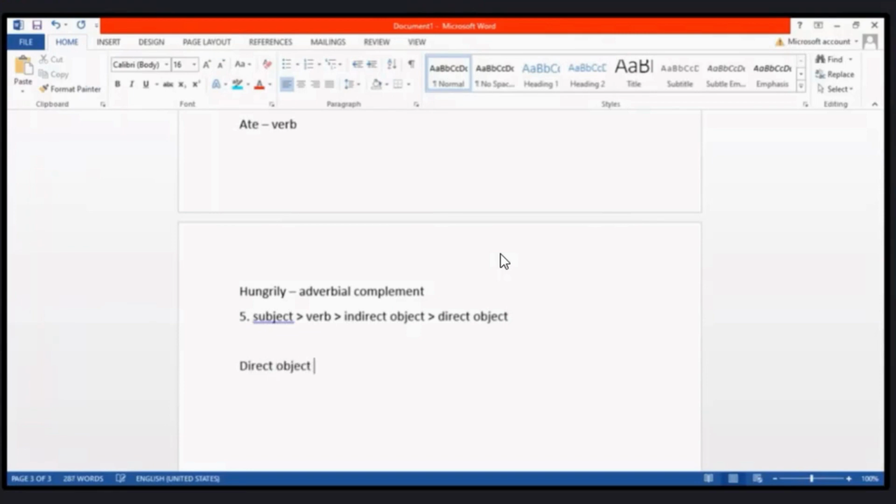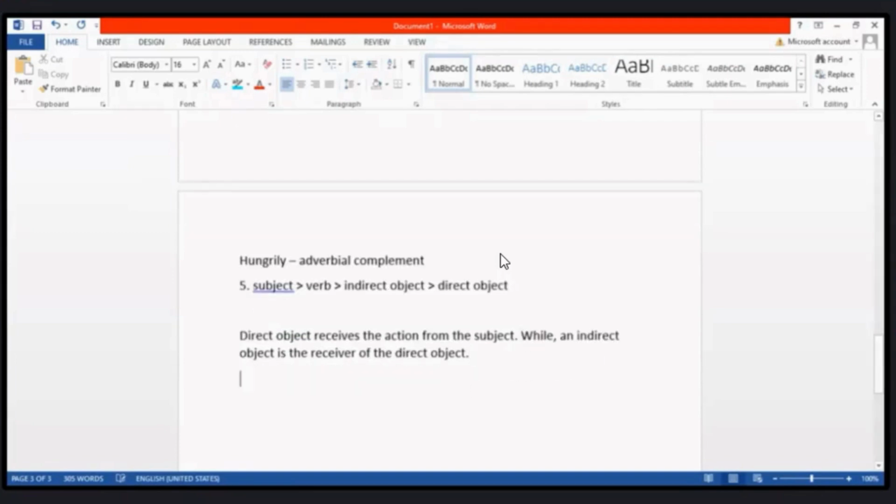A direct object receives the action from the subject, while an indirect object is the receiver of the direct object. For example: he gave me a camera.